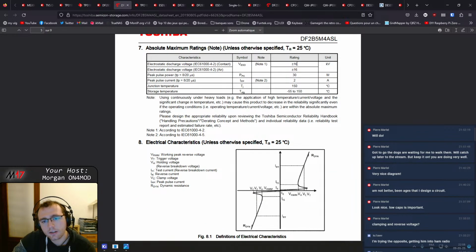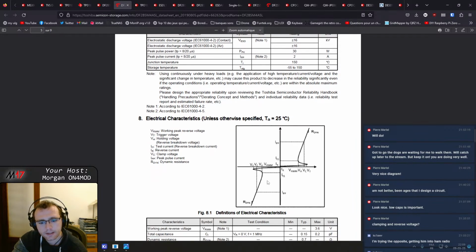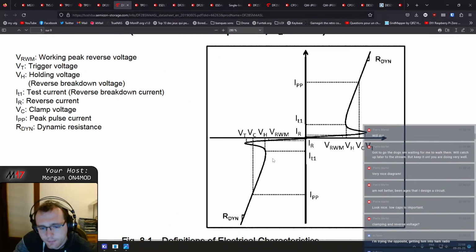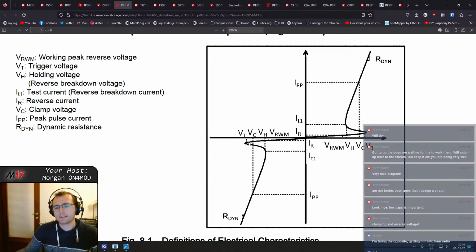Yeah, it does protect against 16 kilovolt discharge, which is very high. Aha! There we have it. The diagram that I was expecting, because the breakdown voltage is higher than the clamping voltage, because if you try to idealize the behavior of your diodes too much, then it doesn't make sense. Haha!